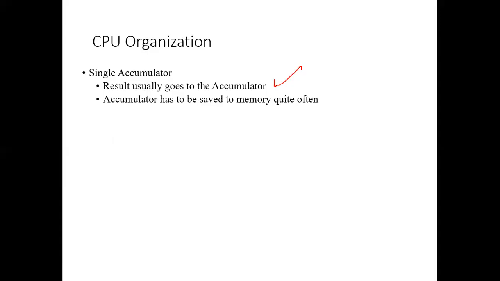These are called single address instructions. In a typical single address instruction, normally the result will go into the accumulator, and then you have to move the result from the accumulator to memory quite often. So this is one type of instruction, where the result will always be stored in the accumulator.